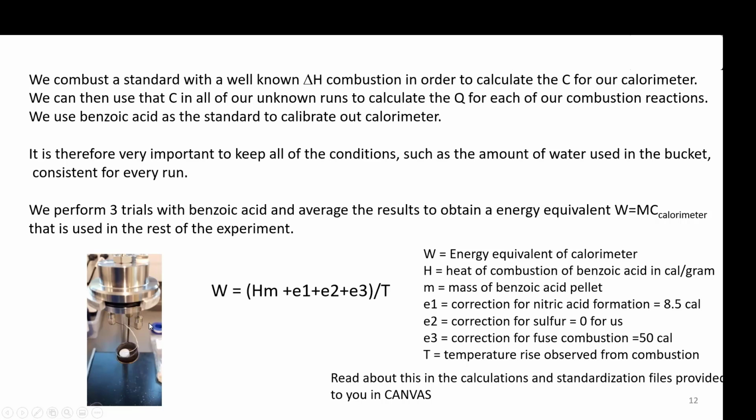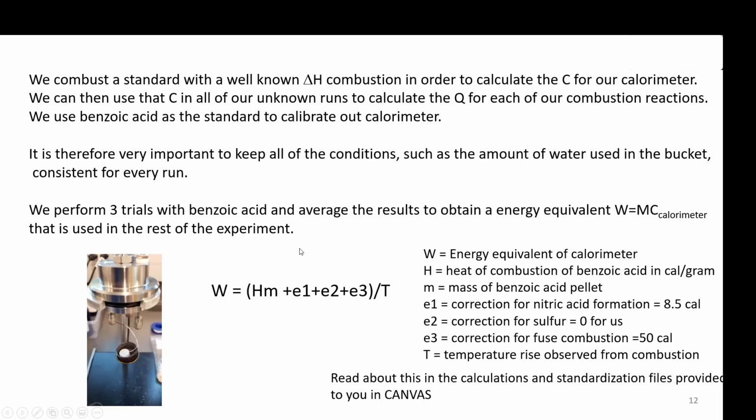So that's 2 electrodes, and the white cotton fuse is attached on the surface of the benzoic acid. When we put that into the bomb, when there is electrical current that goes through here, the fuse will get burned and that will ignite the benzoic acid, okay? So in this case, we use that as our standard.